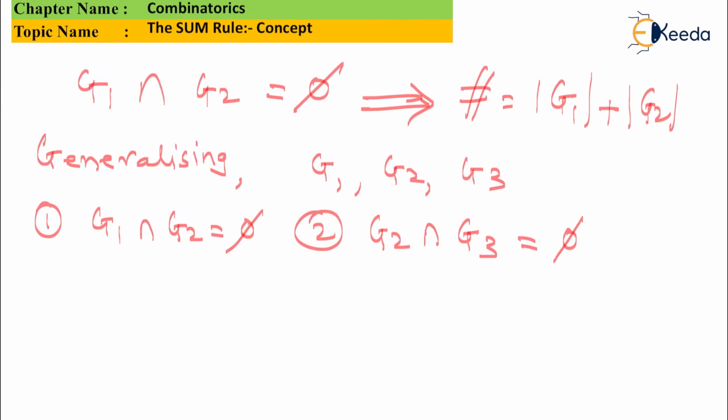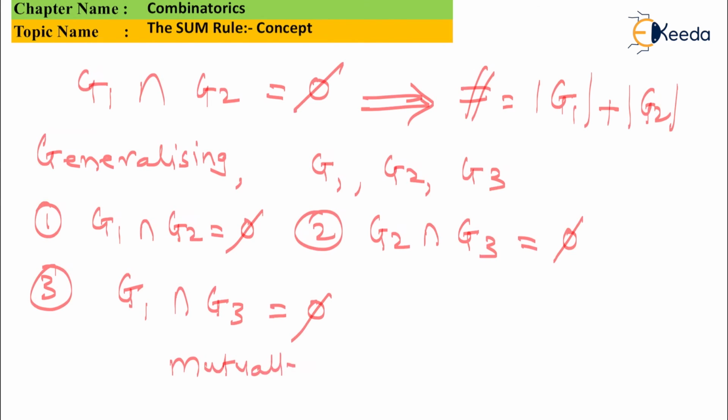Even it doesn't stop here. The third condition, similarly, is that there should not be anything common between the first and the third. So if there are 3 shops, you should not have anything common between the first 2 shops, the second 2 shops, and the first and the third shop. This is what we call mutually disjoint choice sets.